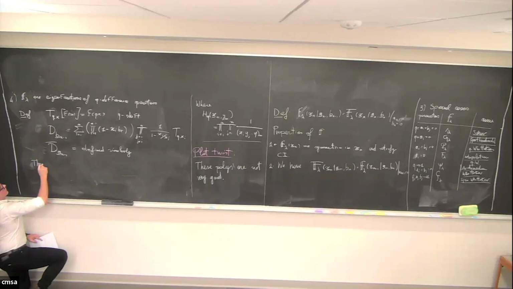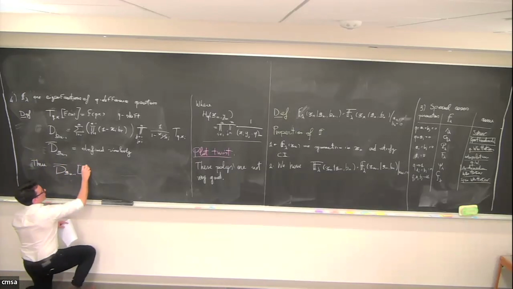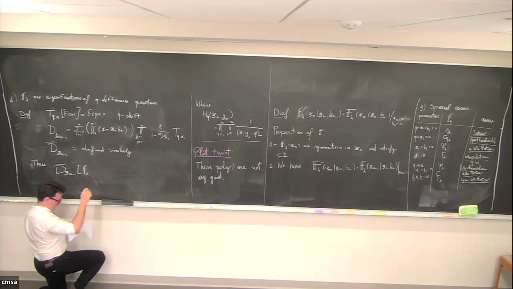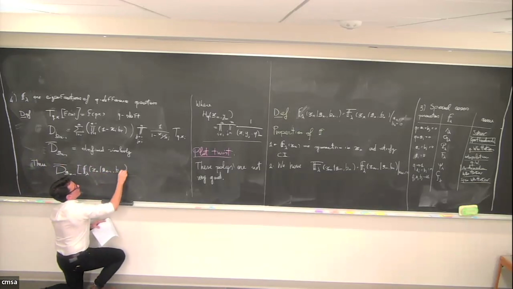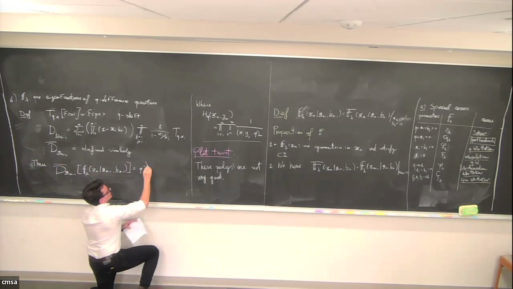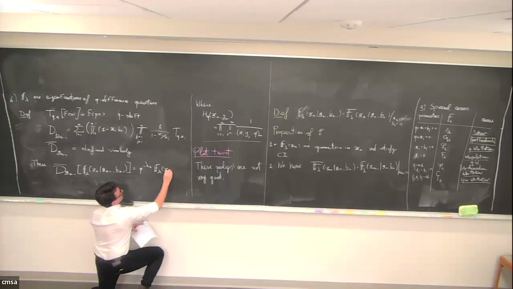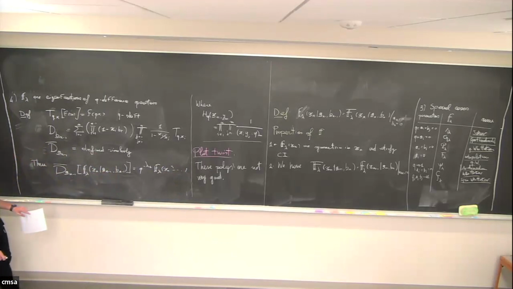Then, theorem: we have D bar a_{n-1} of f_lambda(x_n; a_{n-1}, b_{n-1}) equal to q to the minus lambda_1 times the same polynomial, f_lambda(x_n), and so on. Maybe I should start dropping these two things.